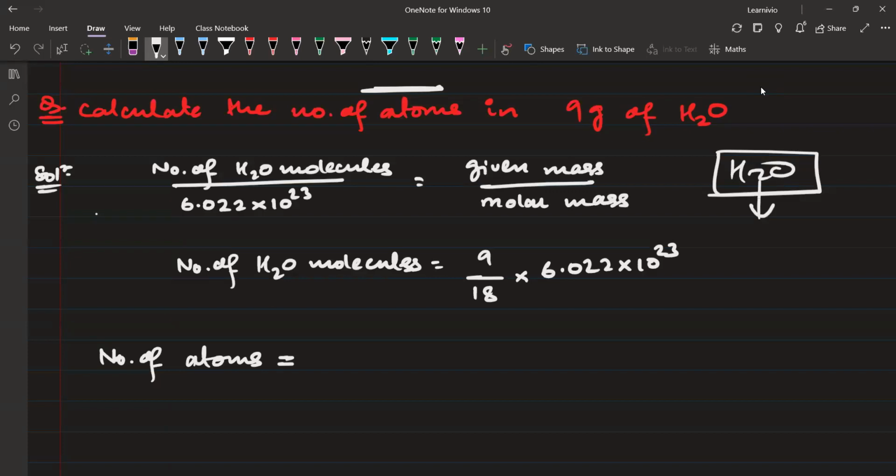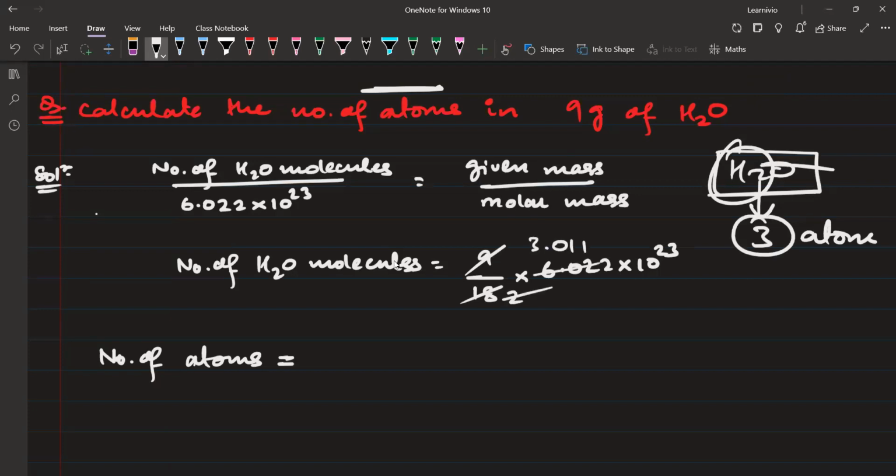How many atoms? If you see closely, you will see that there are 3 atoms, right? 2 hydrogen and 1 oxygen. Fine. So the number of molecules of H2O is 3.011 into 10 to the power 23.